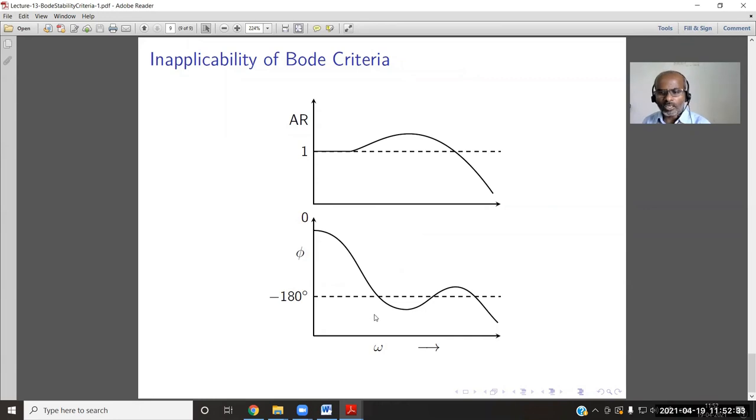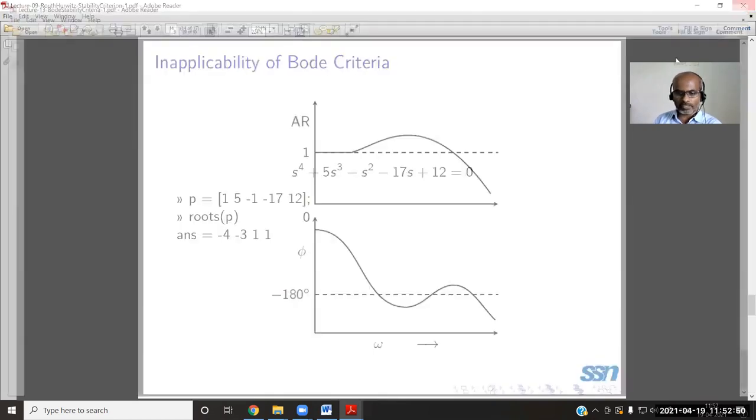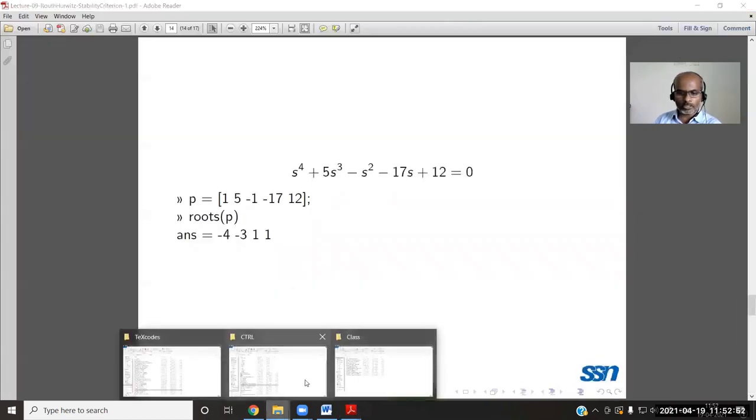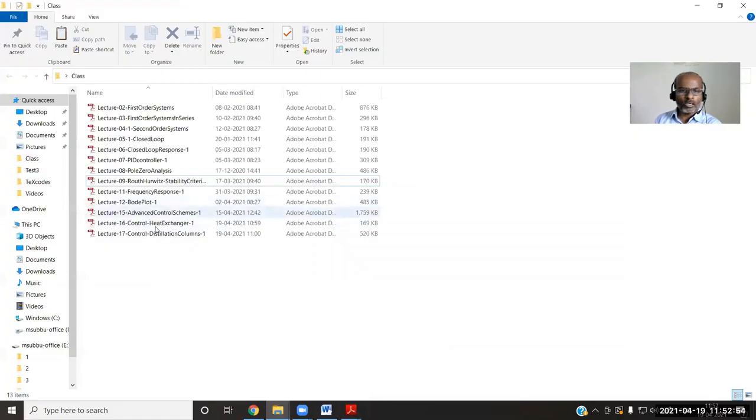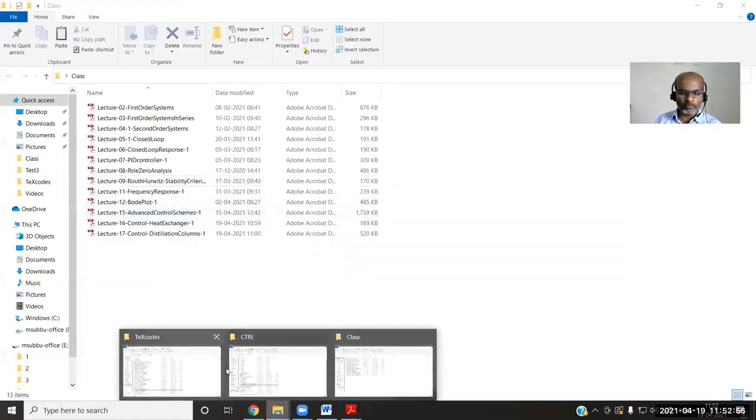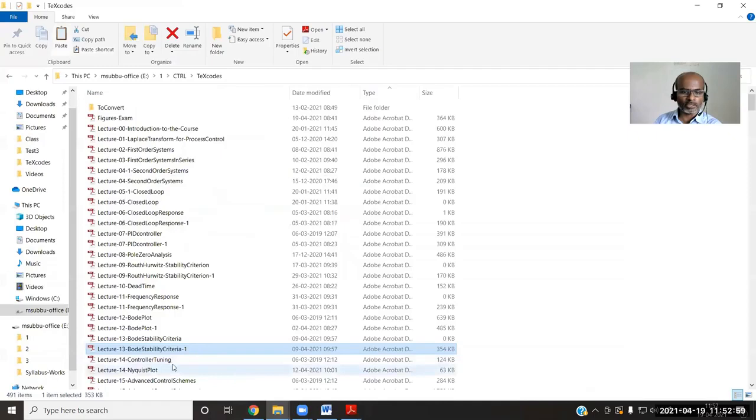Otherwise, we will have many crossover frequencies. Normally one crossover frequency should be there, but here we have 1, 2, and 3 crossover frequencies. Crossover frequency refers to the frequency for which the phase angle is -180. For this kind of case, we go for Nyquist stability, which we have also discussed.